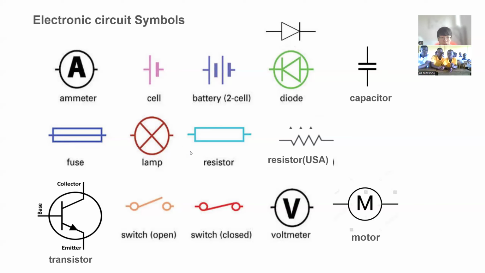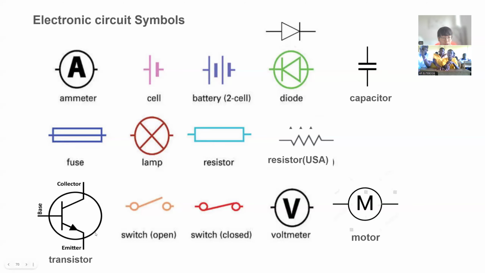This is also important. Kind of looks like a box, but this is the resistor. Remember we learned about what a resistor does in Ohm's law, which opposes the flow of electric current. This is what a resistor looks like.